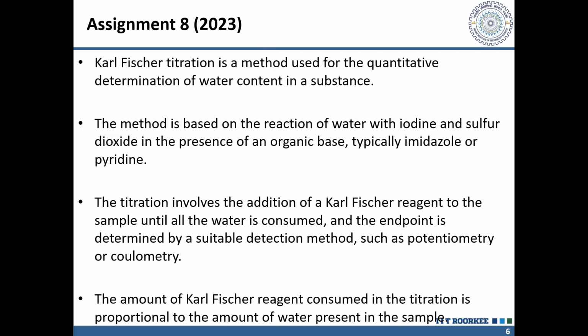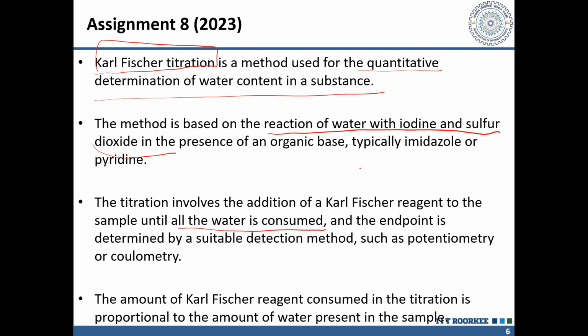KF titration is short for Karl-Fischer titration, and it is a method used for the quantitative determination of water content inside a substance. This method is based on the reaction of water with iodine and sulfur dioxide in the presence of organic acids. The titration involves the addition of Karl-Fischer reagent to the sample until the water is consumed.